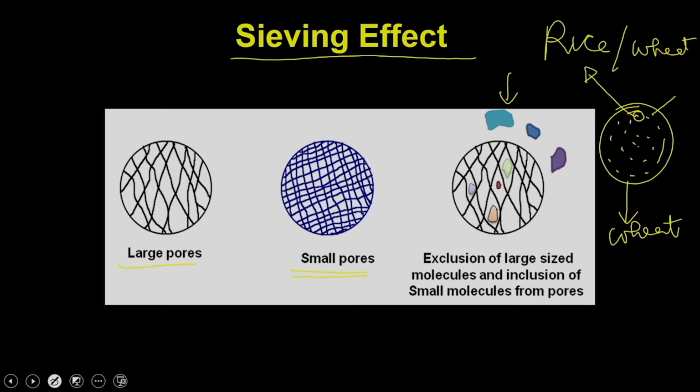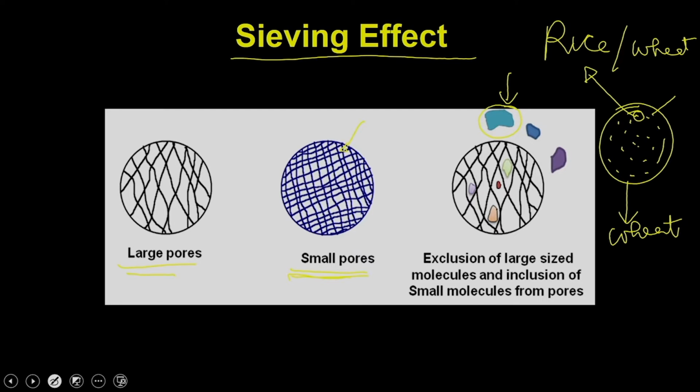In the case of a bead which contains large pores versus small pores, when you pass proteins of different sizes, the small proteins enter into the pores, whereas the large proteins are excluded from the pores.